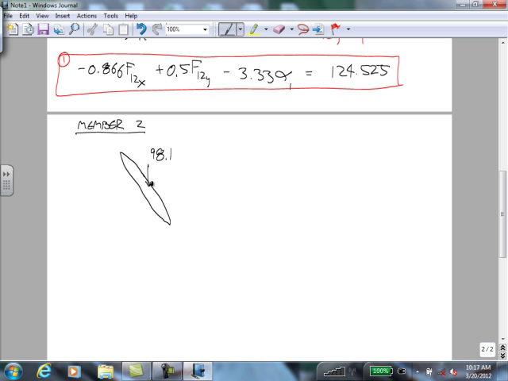What type of force is acting at this end? At the ground. Yep, a vertical force because it has to be perpendicular to the ground because of the rollers. It's perpendicular to the direction that it's allowed to move. So we'll call that FB. That's just a single variable because we know the direction.